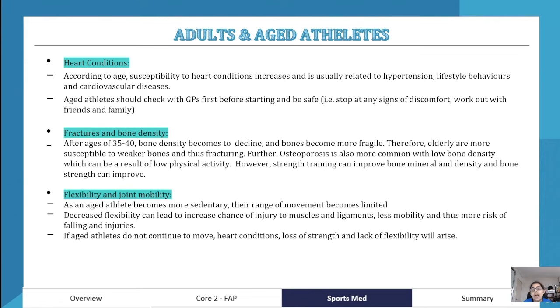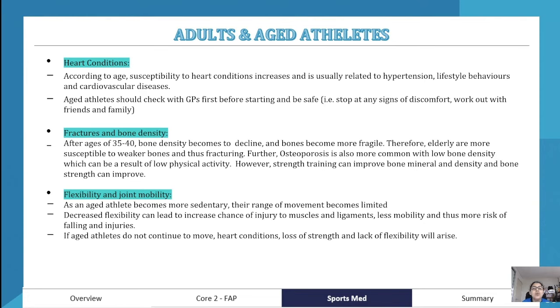So finally, having a look at flexibility and joint mobility. As an aged athlete becomes more sedentary, their range of movement also is limited. The thing with the body is, if you don't use it, you lose it. So you need to use your body in order to ensure that it's still functioning and still healthy.